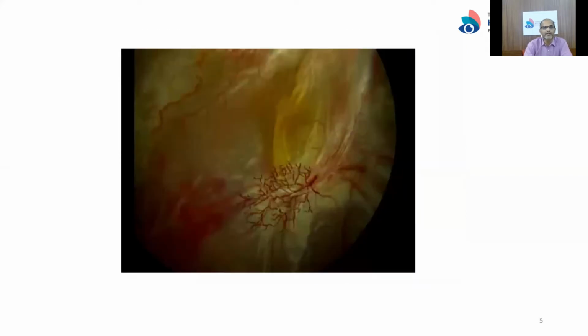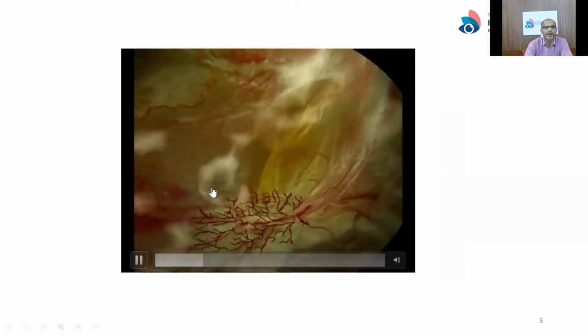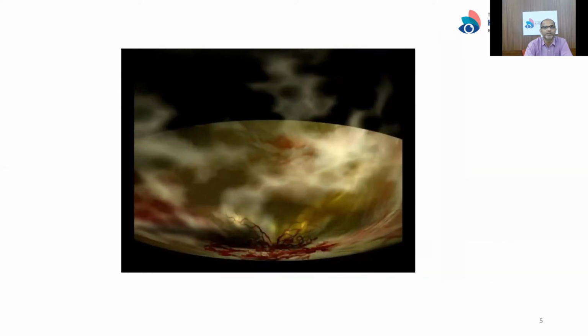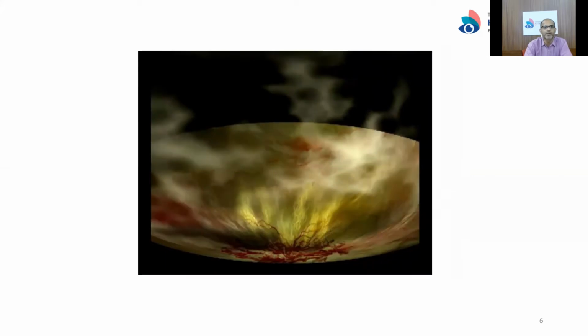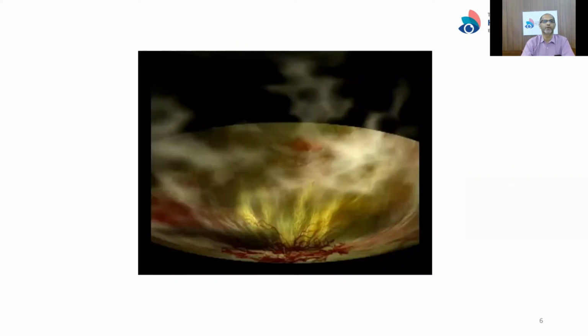The next slide shows the video. If this is not treated in adequate time, then this will lead to a progression and will cause changes in the vitreous, and there will be fibrosis, and this will lead to end-stage retinopathy in the form of tractional retinal detachment.